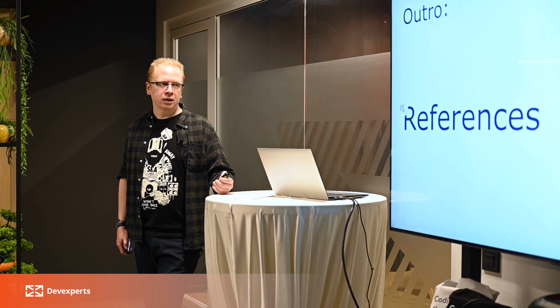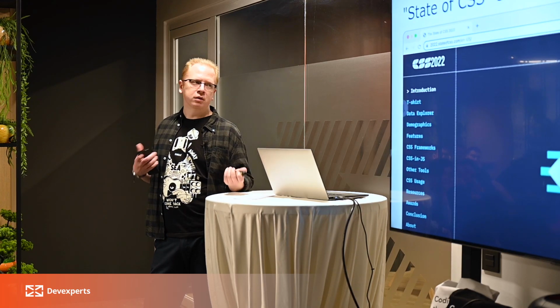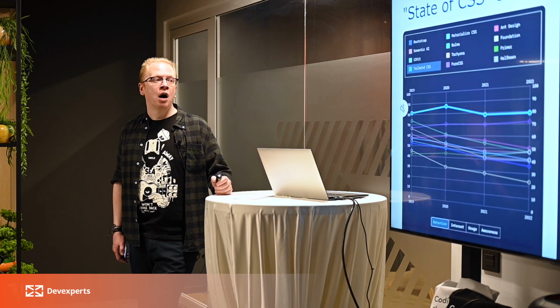Some references that I would also like to mention and recommend. There's a really cool survey called the State of CSS. It is a yearly event, and the information is gathered through the whole year, and the results are summarized and give some statistics on what trends are currently trendy and what technologies are used and popular.